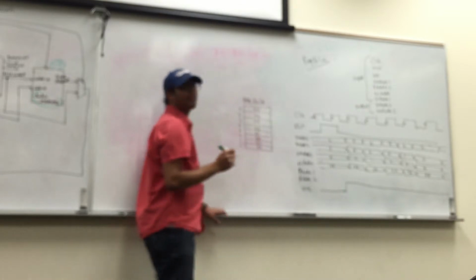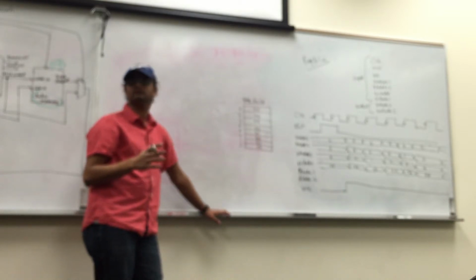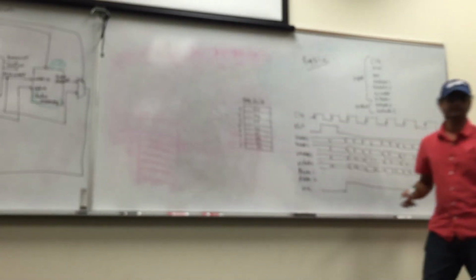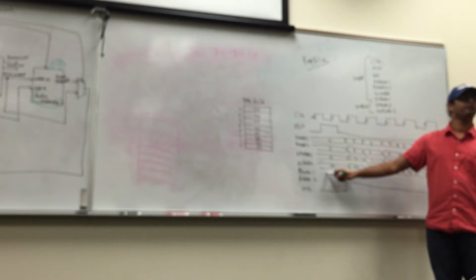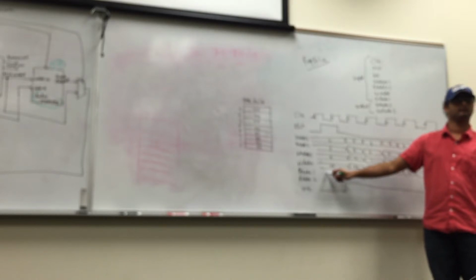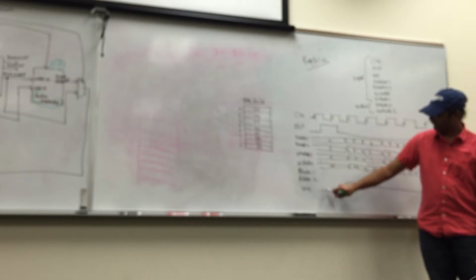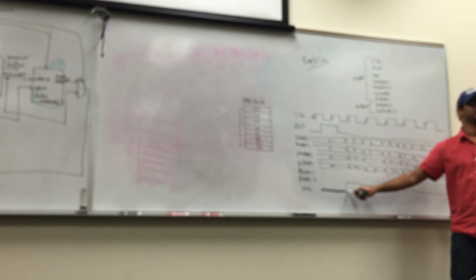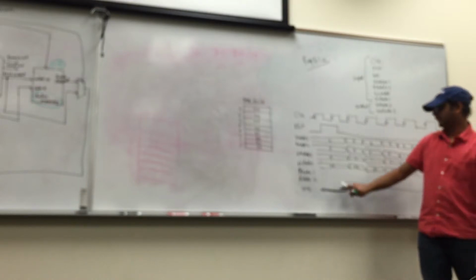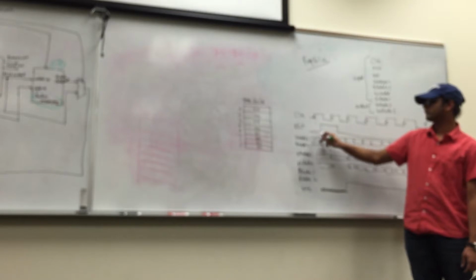Figure it out. What's my RData 1? Is my write enable 0? If my write enable is 0, is it read or write? Read, right? So at this positive clock edge, is reset 0 or 1?